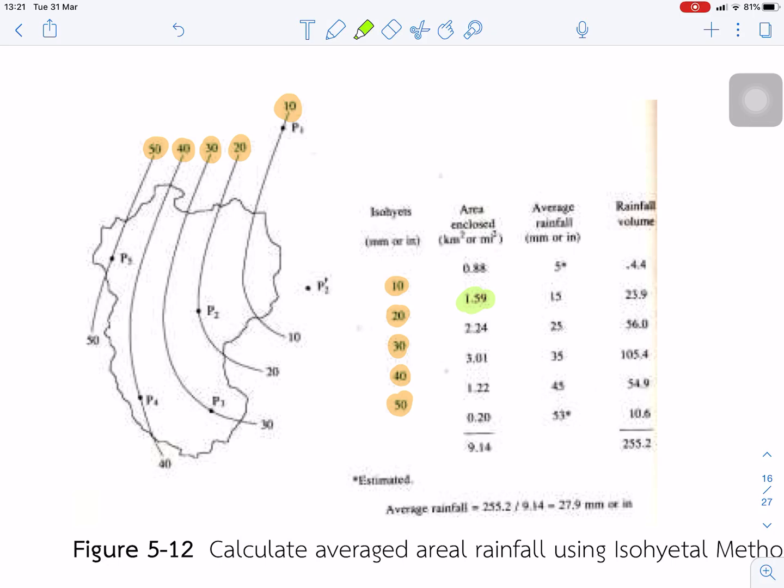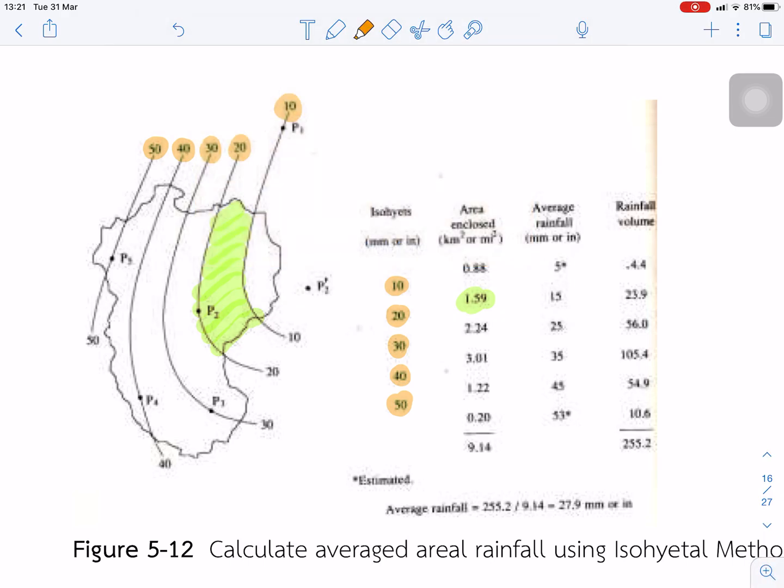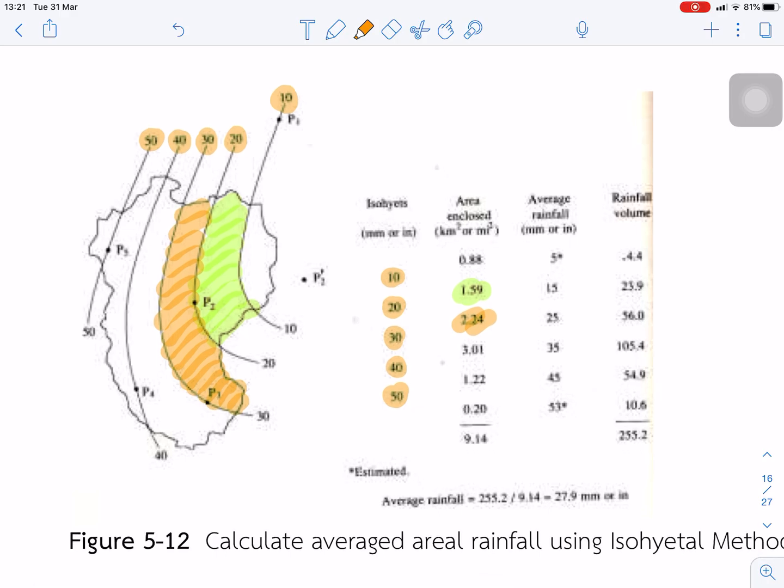They measure the area in between, and the area between 20 and 30 is 2.24. So they measure the area between, and this is 2.24. Okay. And do the same for the rest.